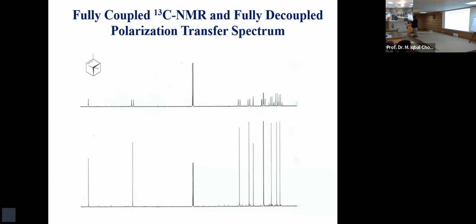Carbon-13 is 6,400 times weaker than proton. That is the cube of the gyromagnetic ratio ratio, which is 4 into 4 into 4, which becomes 64, and then only 1%. So 6,400 times weaker.